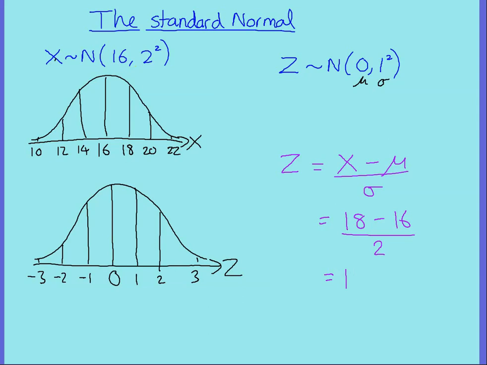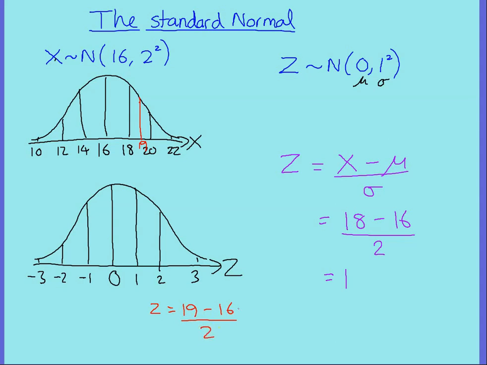But if we just change color, let's say we had something like 19. We're interested to know how many standard deviations above the mean that is. Well, we could type this in. So Z equals 19 minus 16 over 2. So that's 3 over 2, which is 1.5.